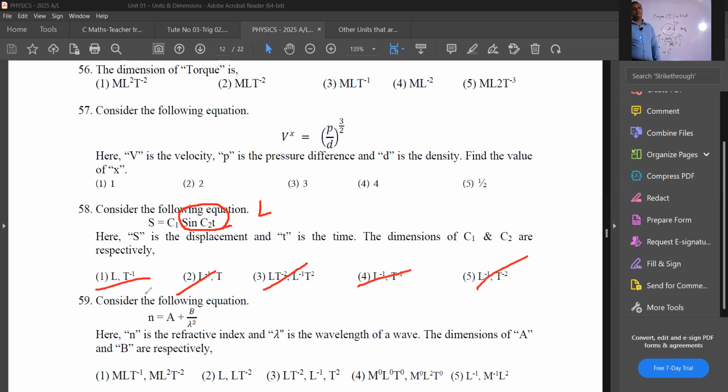Take this one. Do you get my point? Your method is correct, but you can get the answer in a very quick way with this method. This one doesn't have a dimension, so C1 should be equal to L. There is only one answer with L, so you can choose this one.